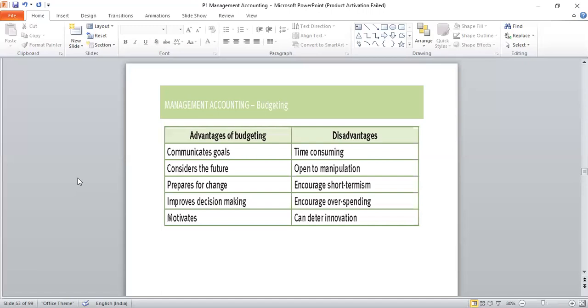If they are very focused on achieving targets for the next period, such as high profit amounts, and their focus is only on the very next period, that may affect the long term demand of the organization. That situation is called myopia. They can only look at the immediate future, but they do not see the impact on the long term. So it encourages short termism, encourages overspending, and can deter innovation.